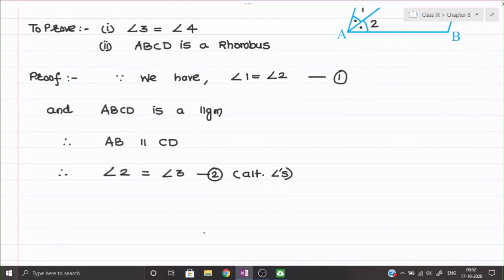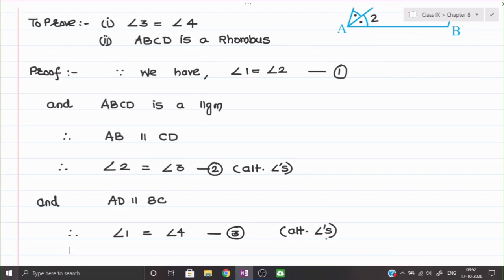Okay, and we can write down, and AD is also parallel to BC. So therefore we can say angle 1 is equal to angle 4. Equation number 3. Reason will be the same, alternate angles. Now look at equation number 1, 2 and 3.